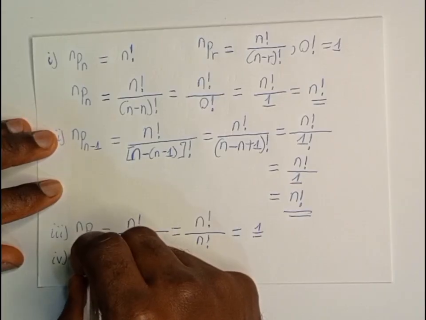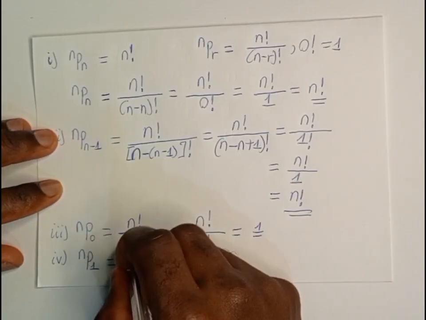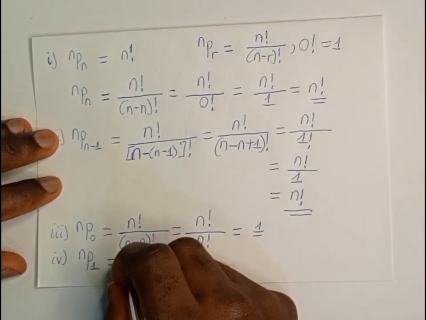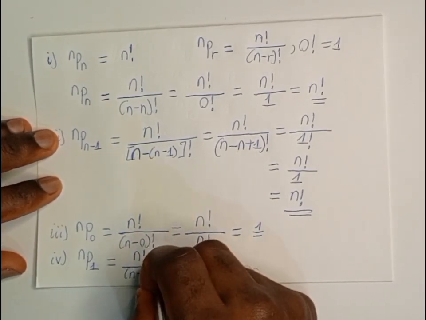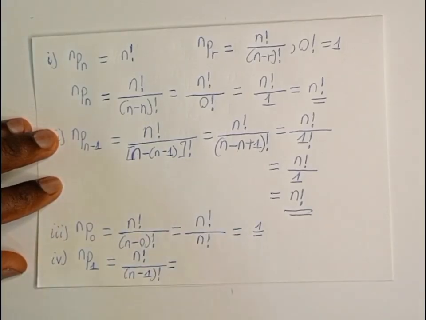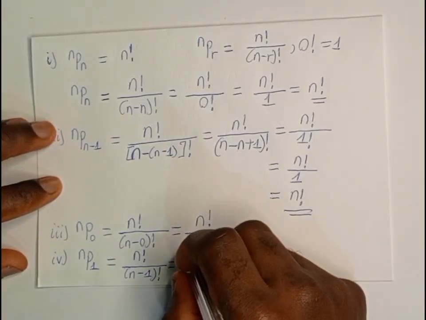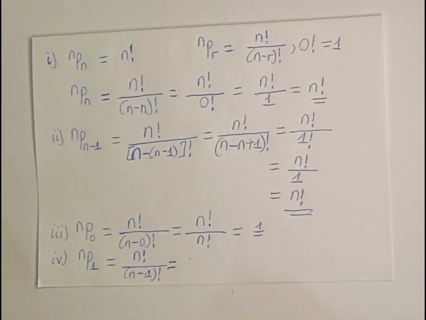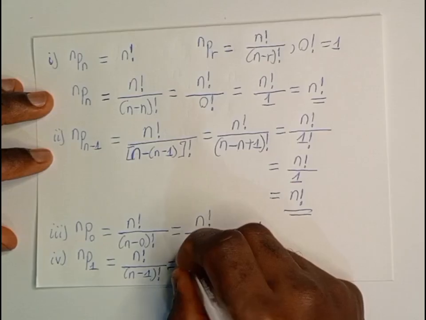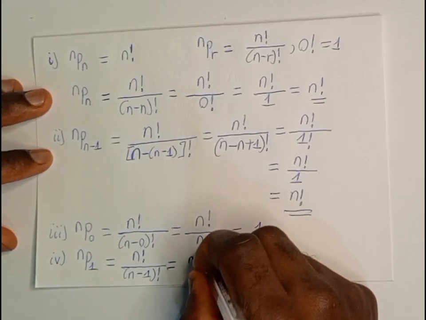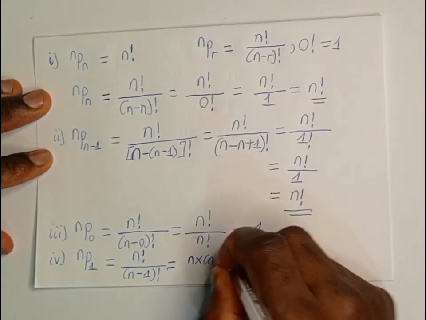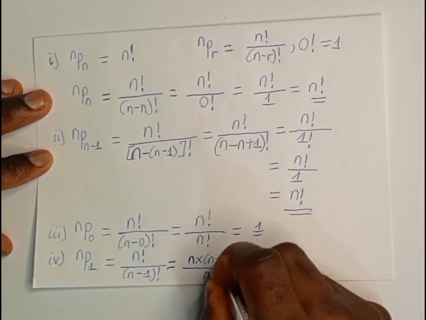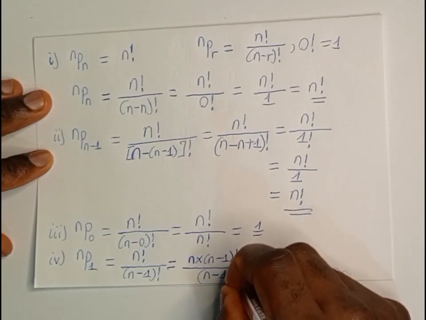We go to IV. nP1 is simply equal to n factorial divided by n minus 1 factorial. And this will be equal to n factorial, which is simply the multiplication of all the integers from n right down to 1, which is the same as n times (n minus 1) factorial divided by (n minus 1) factorial.